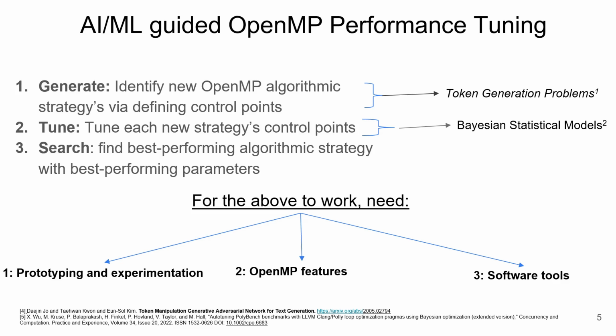Now, to globally find the best solution, we essentially had to search amongst the different tuned versions of each OpenMP scheduling strategy to meet the objectives. Automating this means doing a search for the best performing scheduling strategies with certain parameters, and this can be supported via standard AI search heuristics like genetic search algorithms.